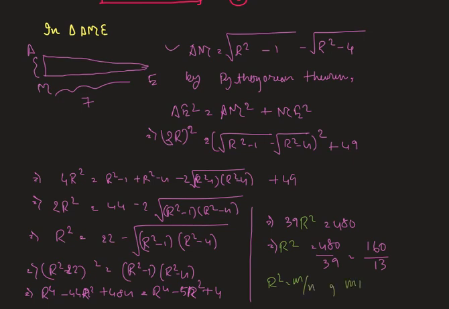Therefore m plus n is equal to 160 plus 13, which results in 173. So this is the answer, and that's all for today. Thank you very much.